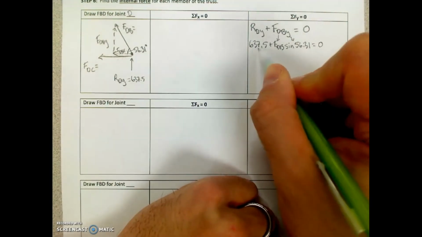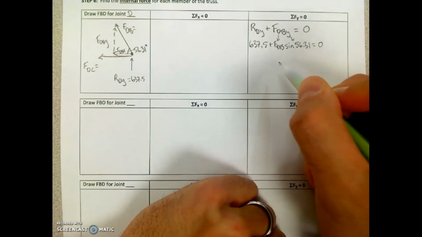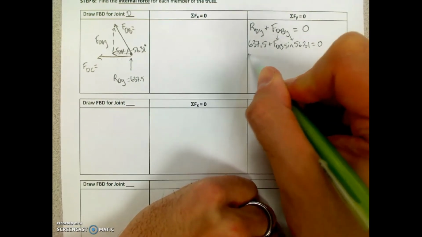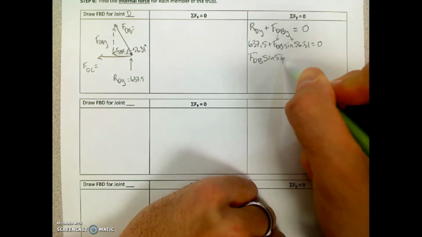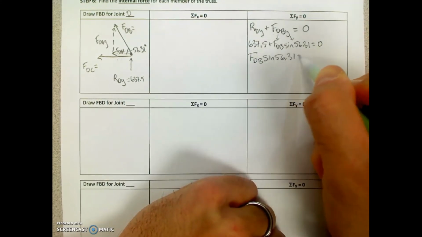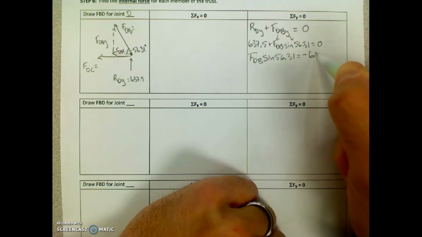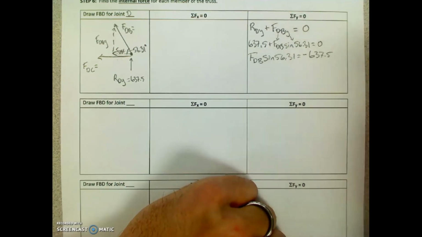So we have FDB. I'm going to subtract 637.5 to the other side. FDB sine 56.31 is equal to negative 637.5.